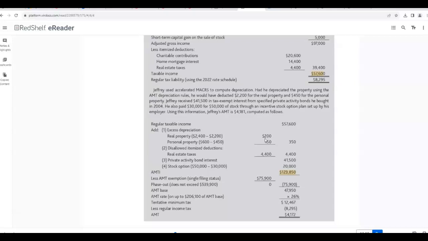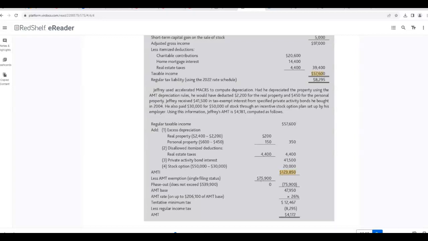We add excess depreciation, we add real estate tax, we add non-taxable interest, whatever it might be. We add the cheap stock option that he receives from the employer for $20,000 cheaper than market. That's another type of income. So AMTI goes to 123,850.